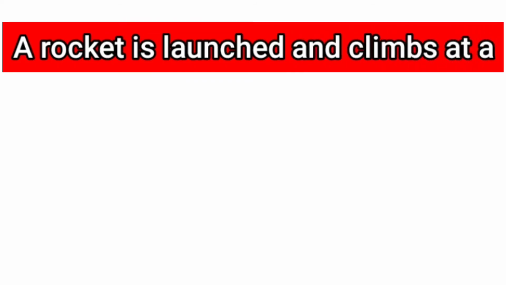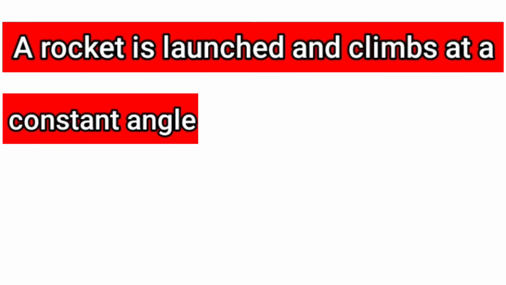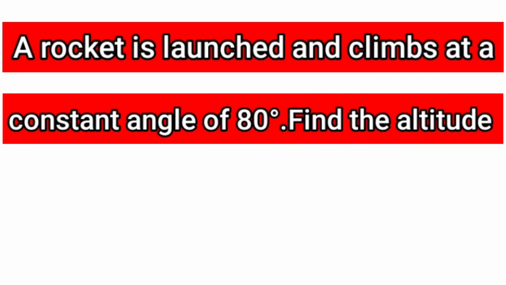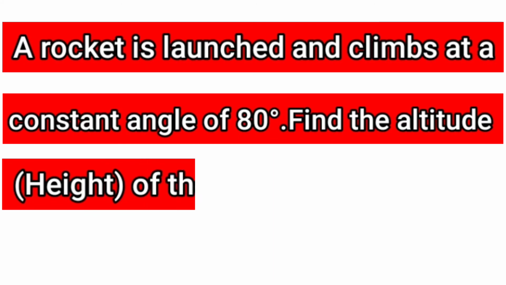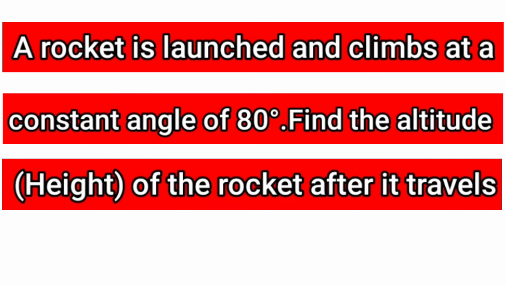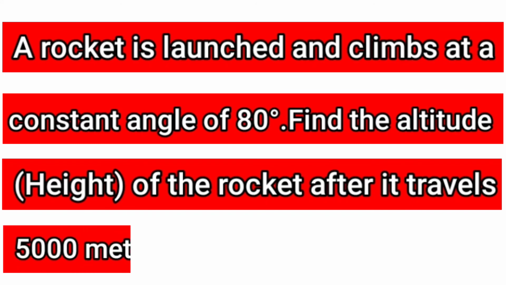Now, students, one more example for inclination: a rocket is launched and climbs at a constant angle of 80 degrees. Find the altitude, meaning height, of the rocket after it travels 5000 meters.